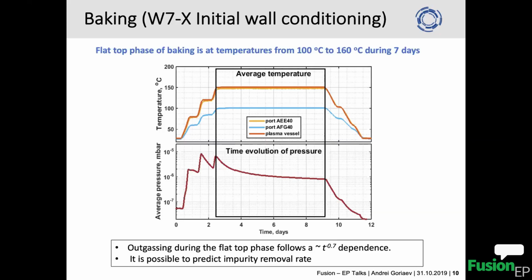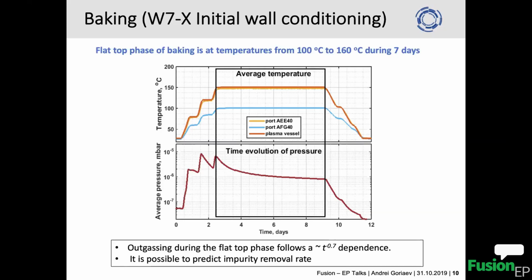If we look at the evolution of pressure in the vacuum vessel during this flat top phase, we can find the pressure dependence. It means that we can predict the pressure drop and the change of residual gas content according to time. At least we can say how many days of baking we need, or the reasonable duration of baking, and what it will give.